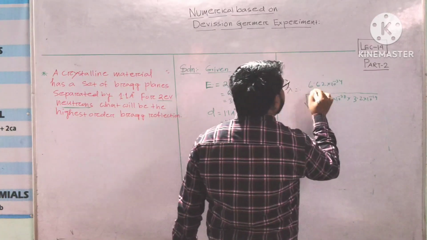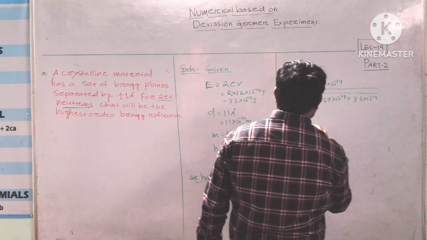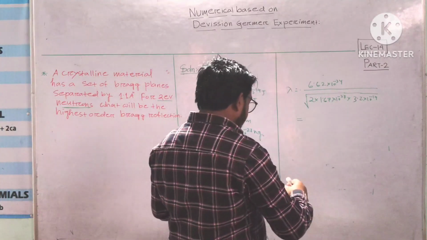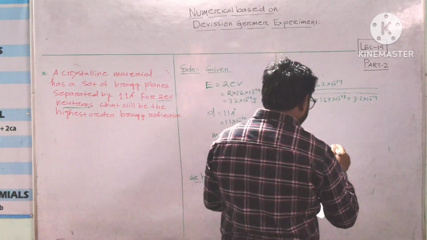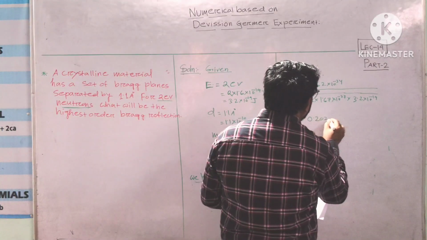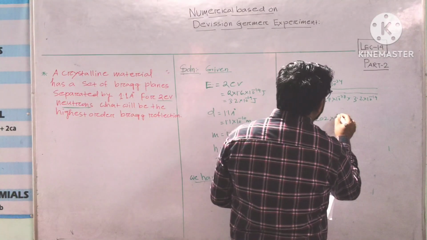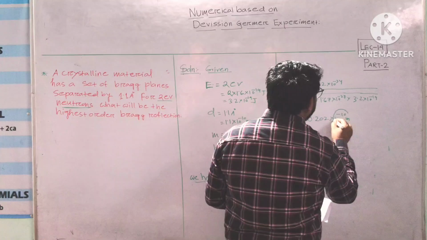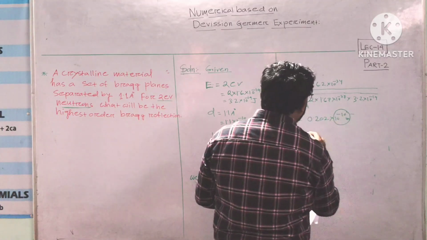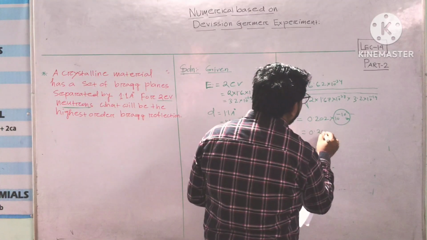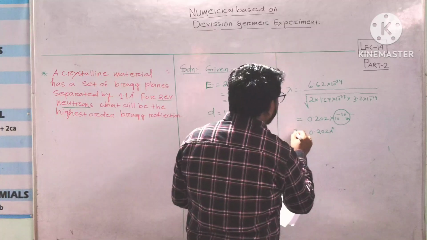After solving this part, you will get the result 0.202 into 10 to the power minus 10 meter, and 10 to the minus 10 meter is equal to 1 angstrom. So we can write finally 0.202 angstrom. So this is our required wavelength.